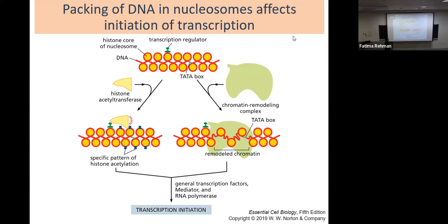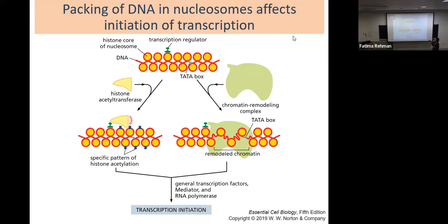Another aspect of that is, again, the way the DNA is packaged with the histones, right? So you have the DNA that is packaged along the histones, creating those nucleosomes. You have the core of the nucleosome, you have the DNA wrapped around it. You have transcriptional regulators that are somewhere on that sequence.